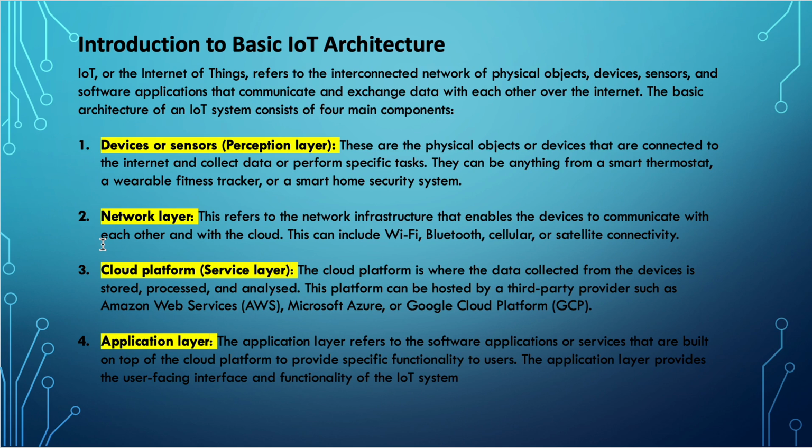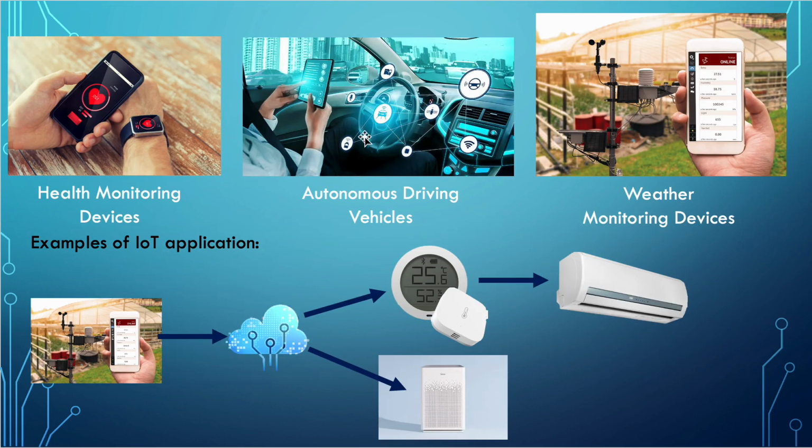These two, the devices or sensors making the perception layer and the network layer, together make an embedded IoT device, right? For example, inside this autonomous driving vehicle is a network of IoT devices.